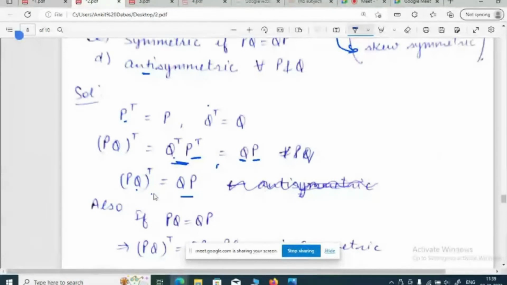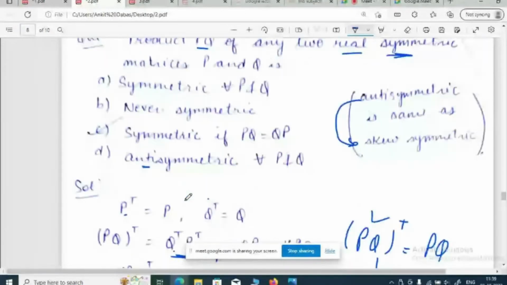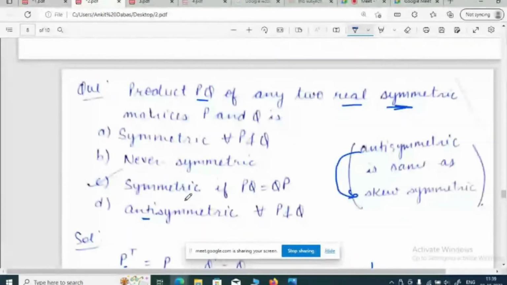To make this a symmetric matrix, if PQ is symmetric, (PQ) transpose should have been equal to PQ. But what we got is (PQ) transpose is equal to QP. So if we have PQ equal to QP, in that case we would have said that PQ is a symmetric matrix.